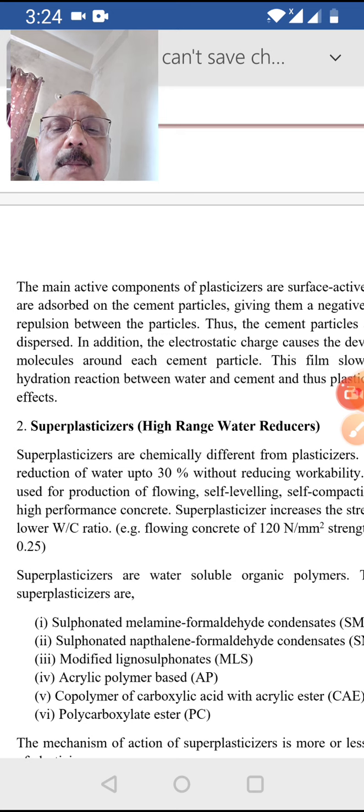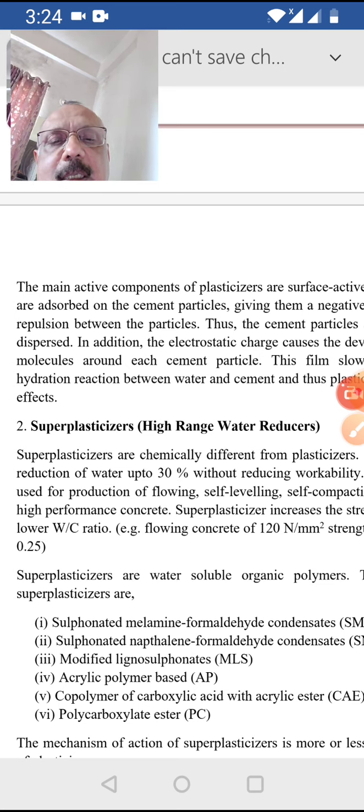The dosage varies depending upon the chemical used, but its proportion varies from 200 to 300 milliliters per 50 kg bag of cement.